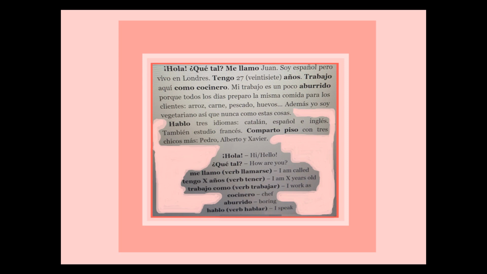Again, como we heard here as the little word, and como is the first person singular, I eat, because comer is to eat, right? Que nunca como, I never eat. Estas cosas, these things. He never eats them, but he cooks them. So he is, of course, bored there.